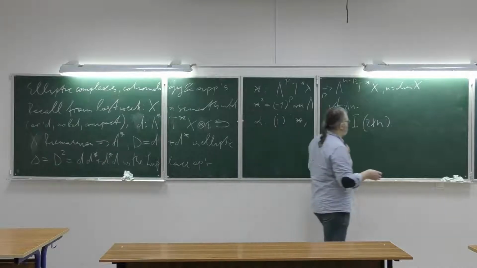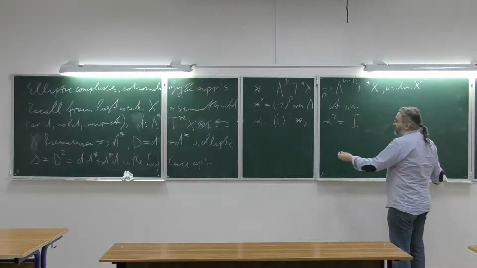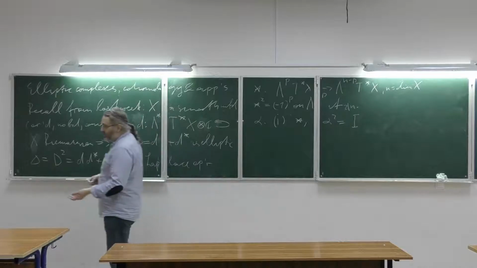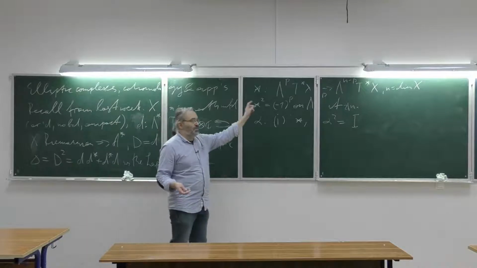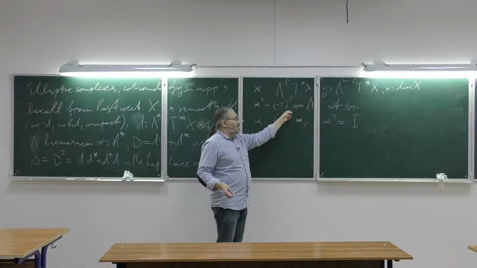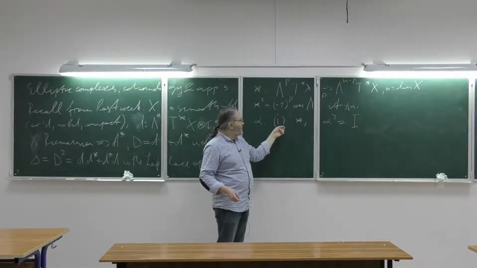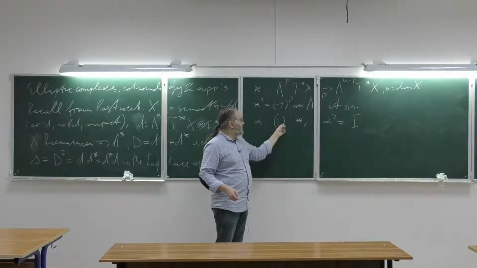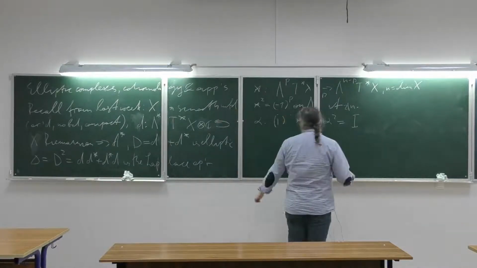And basically, here we don't even need to assume that n is even. i squared is minus 1. It doesn't matter whether n is even or odd. And by substituting some exponent here, we can make this thing square to 1, which we do.